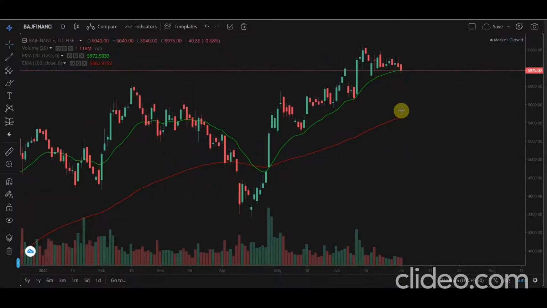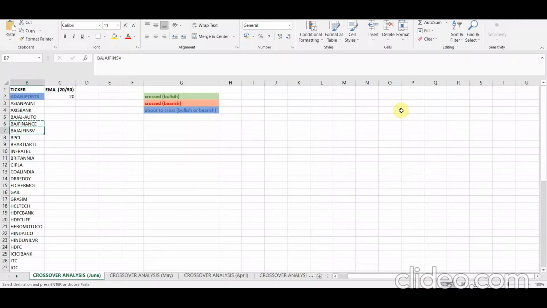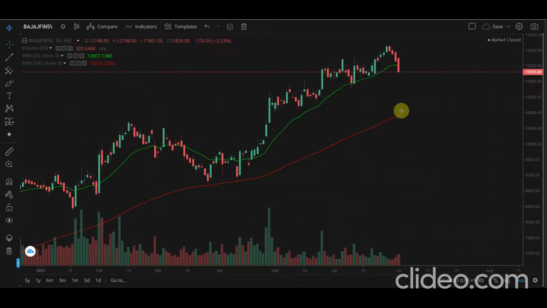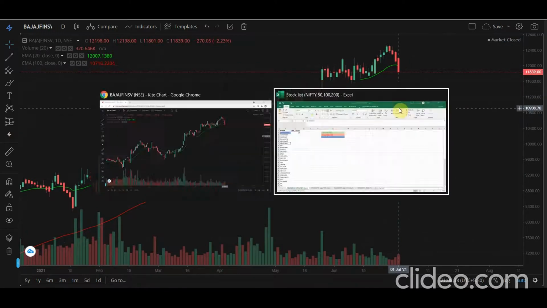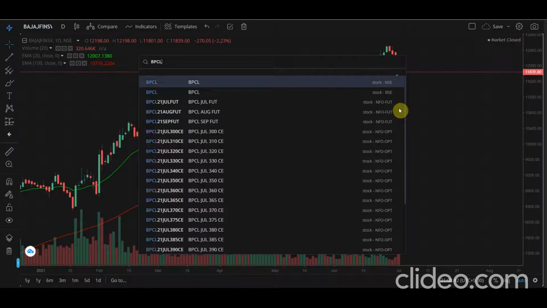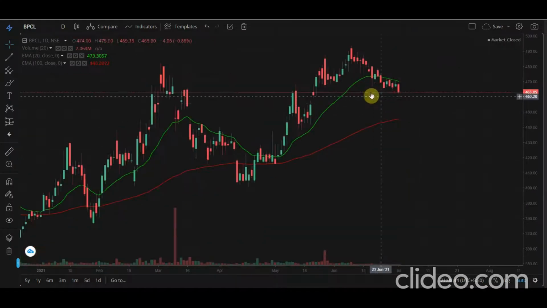Again, too far away. We'll skip this stock. Again, in Bajaj Finance, the moving averages are too wide. We'll move on to BPCL. Okay, it's coming downwards, but still it's too far away.